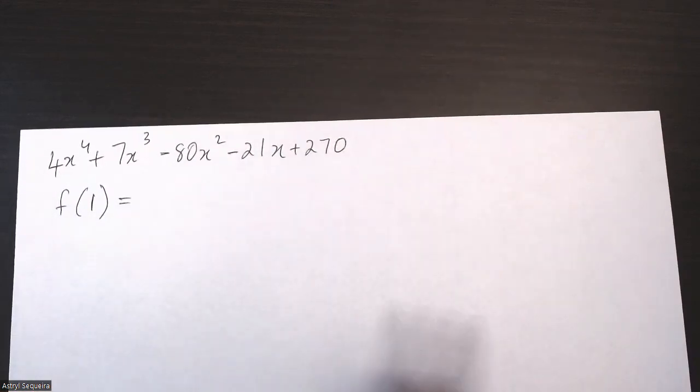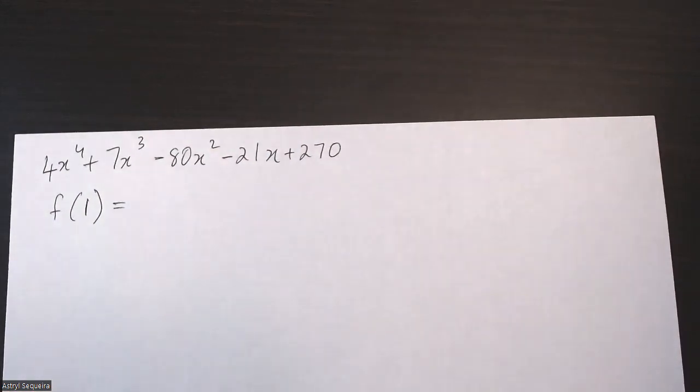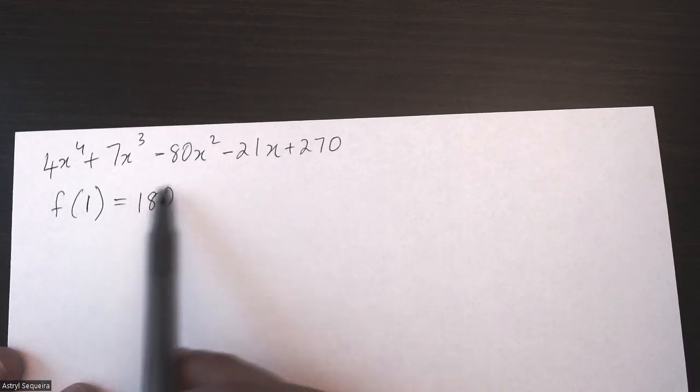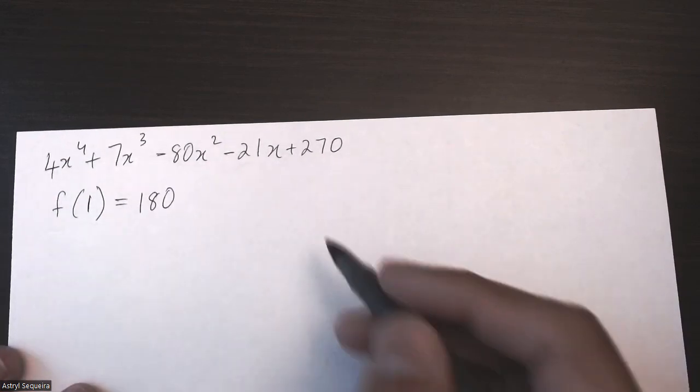So I'm going to replace x with 1 in this equation. And I'll do this in my calculator. And I get positive 180. So I know that x minus 1 is not a factor because it has to equal 0 to be a factor of this equation.